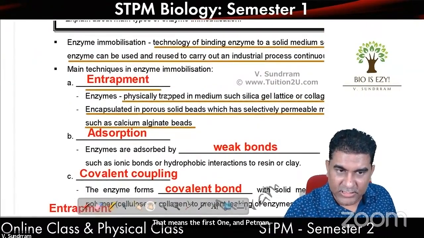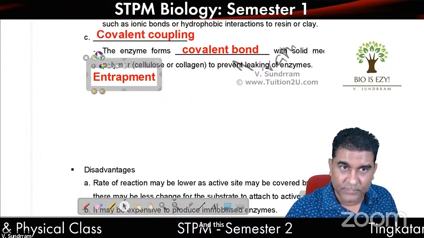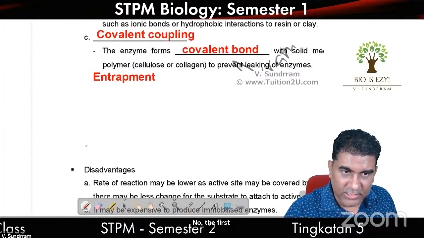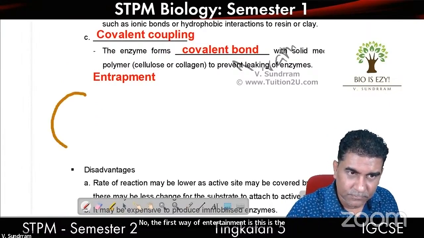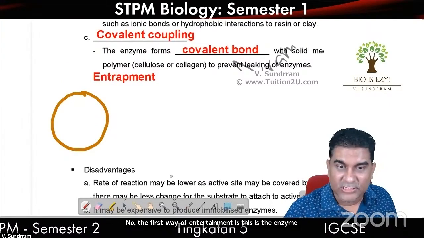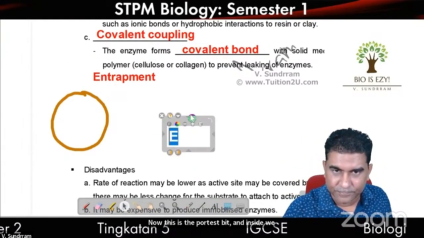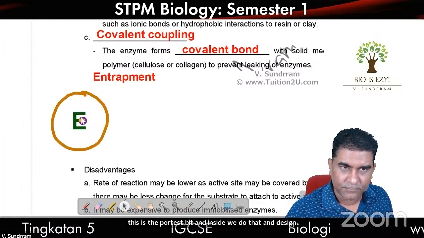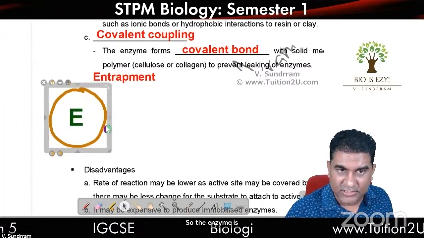Now, this entrapment, there are two ways to do it. The first way of entrapment is, this is the enzyme. Now, this is the porous bead. And inside, we put an enzyme. So the enzyme is trapped inside, or encapsulated.